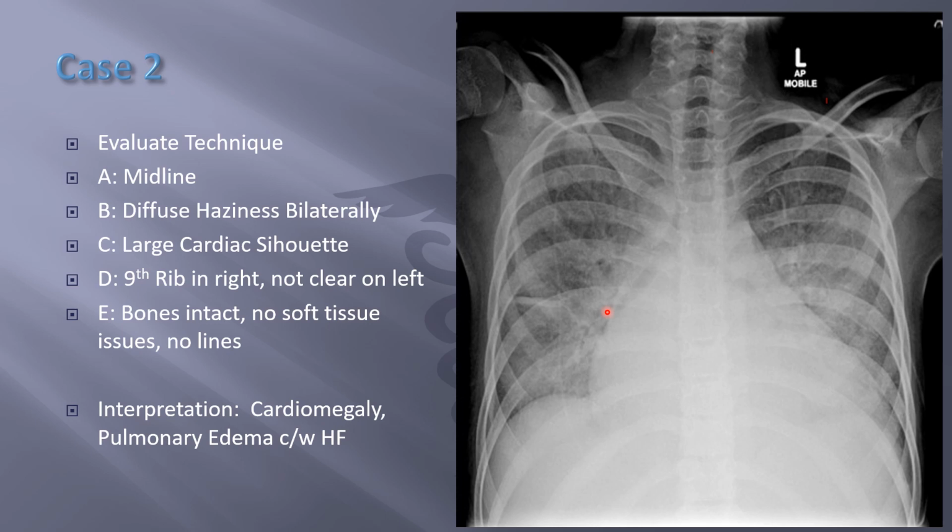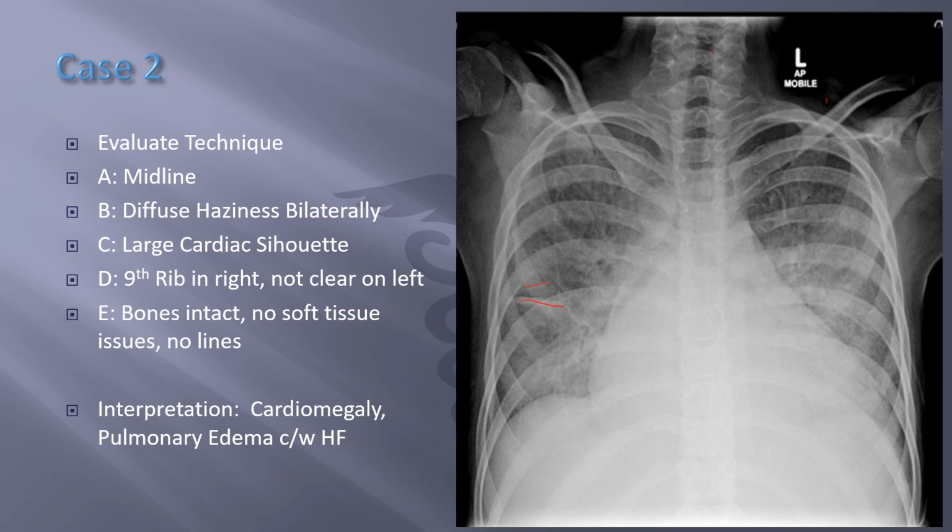So my interpretation is cardiomegaly, so a large heart with pulmonary edema all throughout. And this is consistent with heart failure. So you got a large heart and very diffuse pulmonary edema with some curly B lines. Got a little line there, and this.